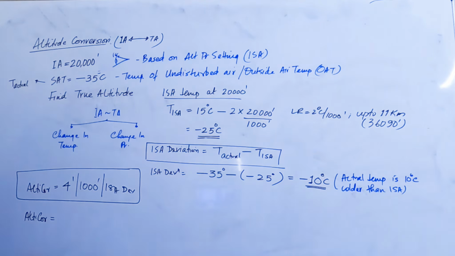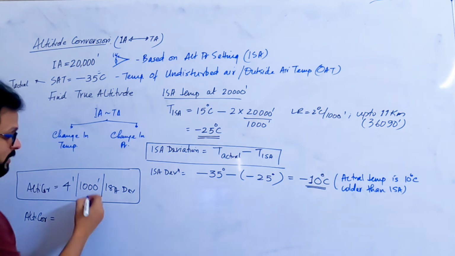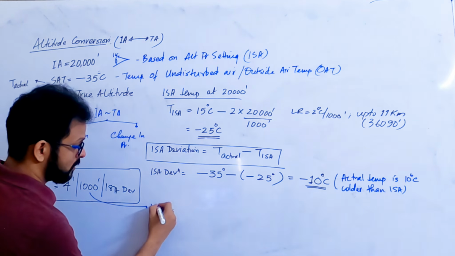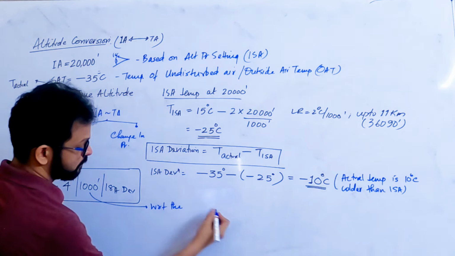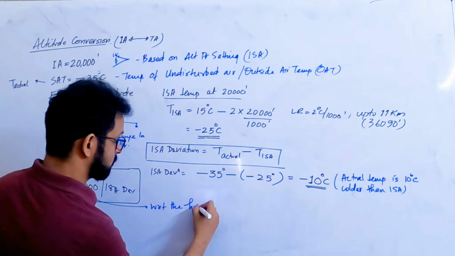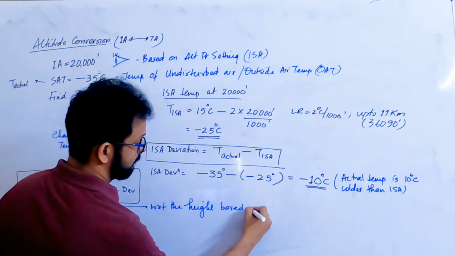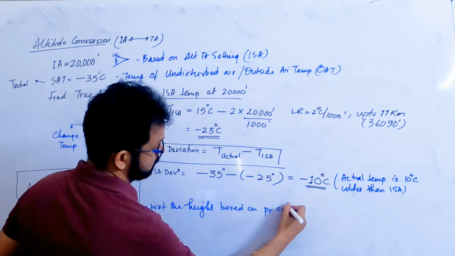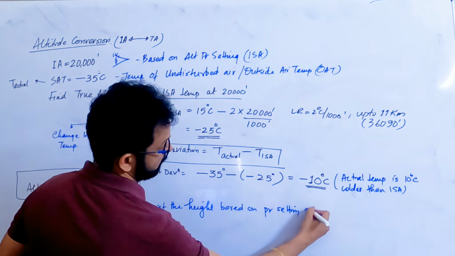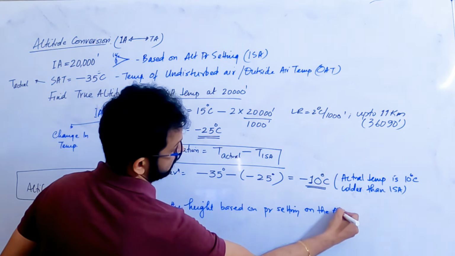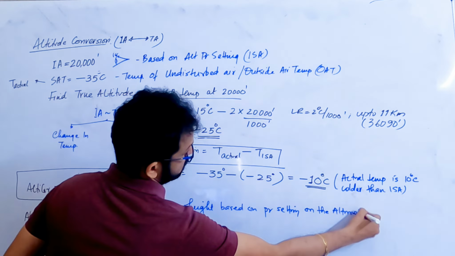Now one thing which you have to understand here is this 1000 feet is with respect to the height based on the pressure setting on the altimeter.